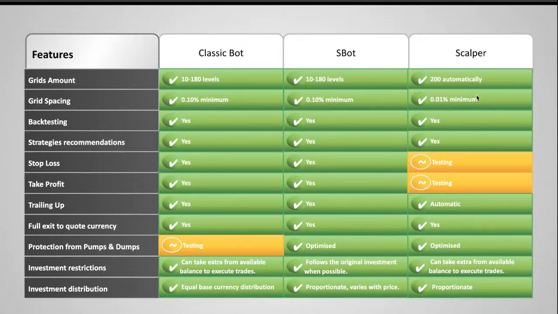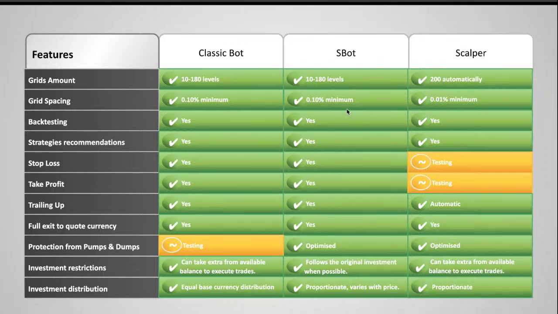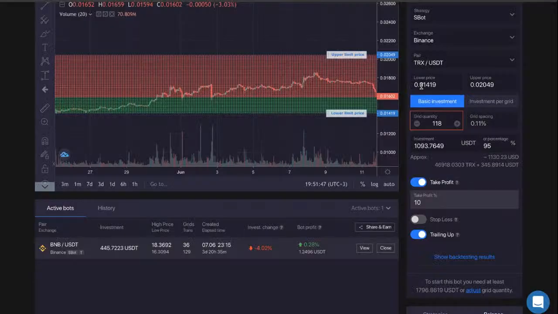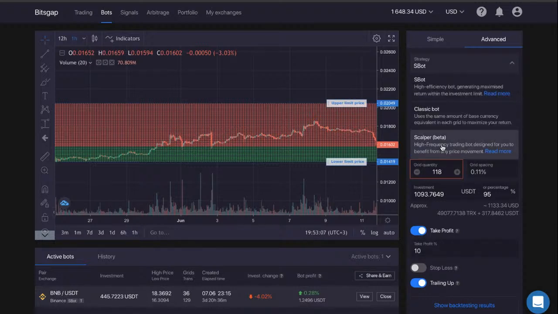That means the scalper, which soon will be united with the S bot, so basically take this column and unite it with the S bot, and you will get the new update, which is coming, I hope, next week. You will be able, using the S bot, to have the same narrow setup as we have currently for the scalper.